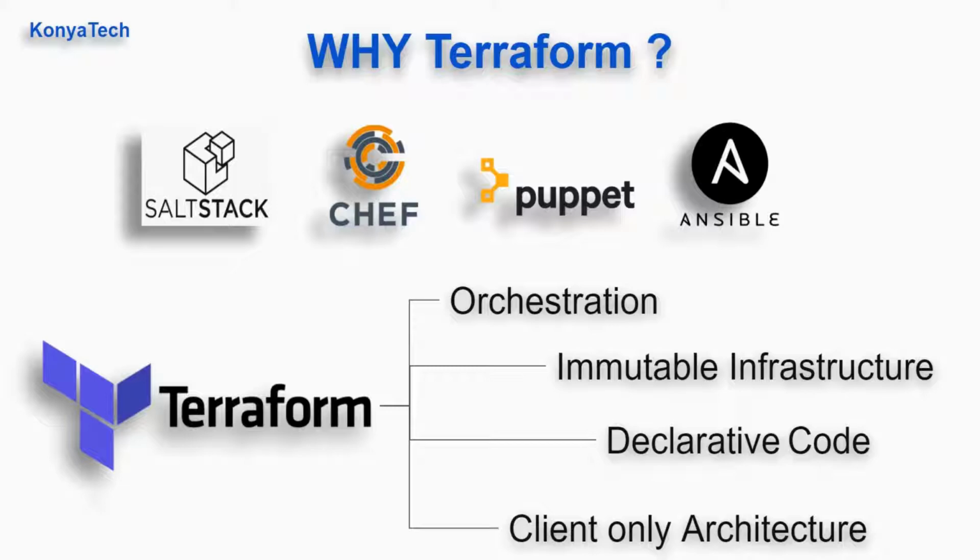Declarative code uses easy to understand language, HCL, HashiCorp Configuration Language, easily portable to any other provider, and it supports a client-only architecture, so no need for additional configuration management on a server. That's why it is masterless, with no need for any agent to configure.